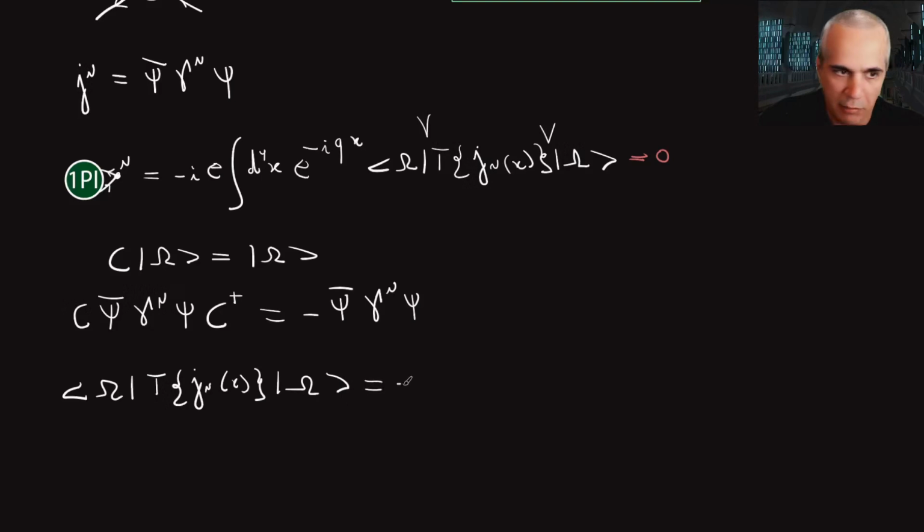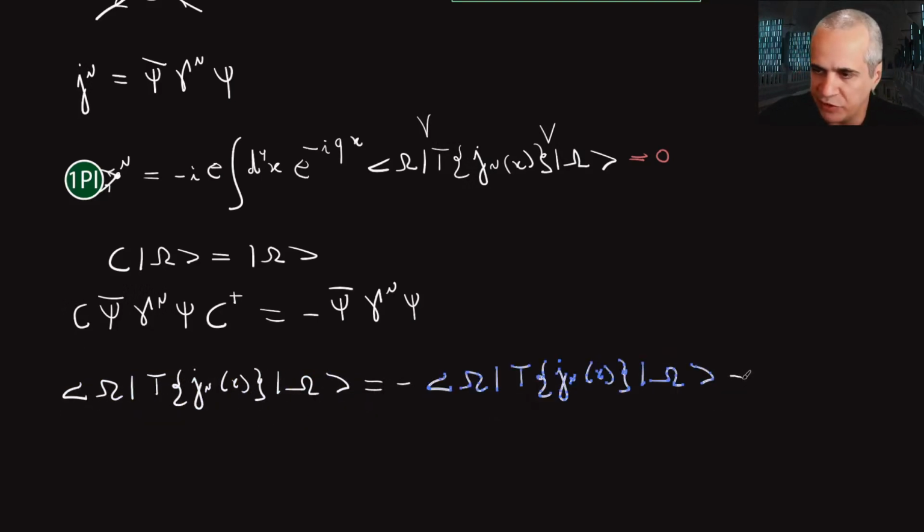So this will be minus the same thing, which proves that this is zero. So what I'm seeing here is that there are two symmetries, right? One is Lorentz invariance, and the other one is invariance under charge conjugation. Both demand that this guy is 0.